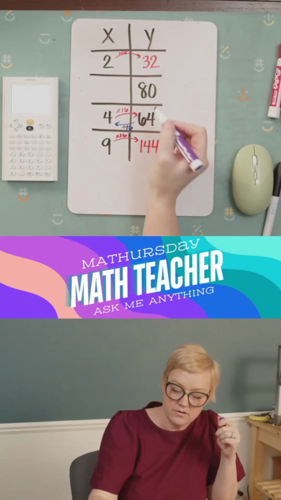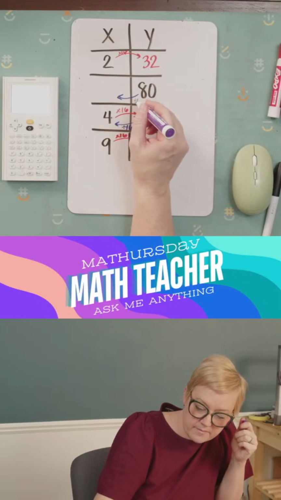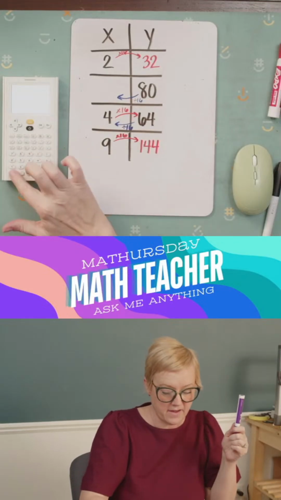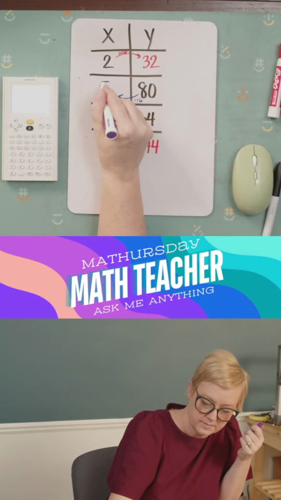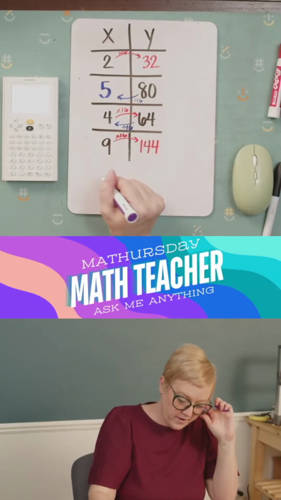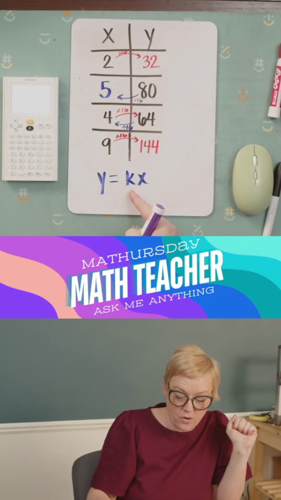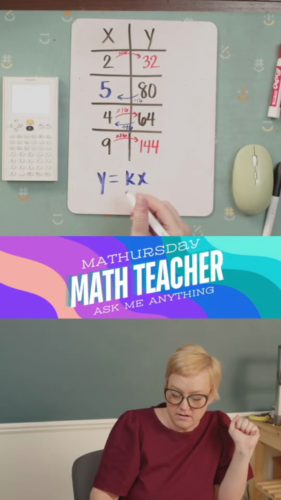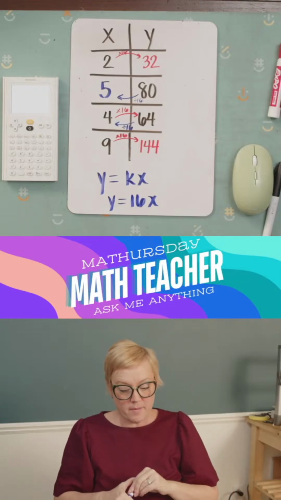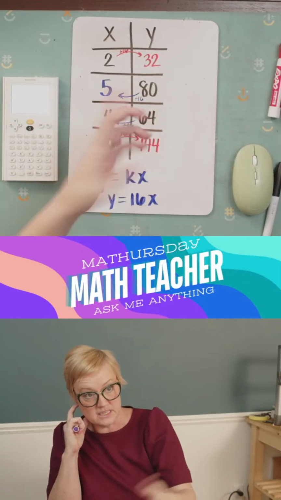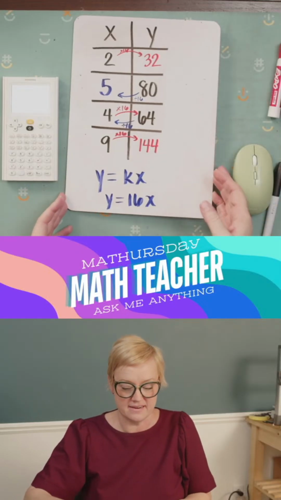And over here, with 80, I would divide by 16. 80 divided by 16 is 5. So if I do y equals k times x, my constant is 16. So y equals 16x, because what am I multiplying x by to get y? 16. So k is 16.